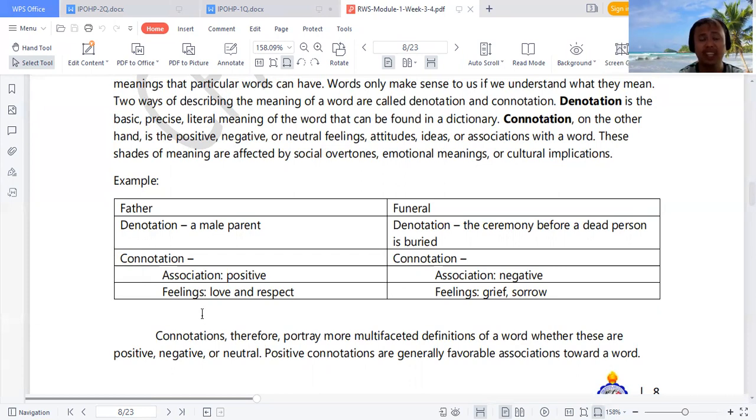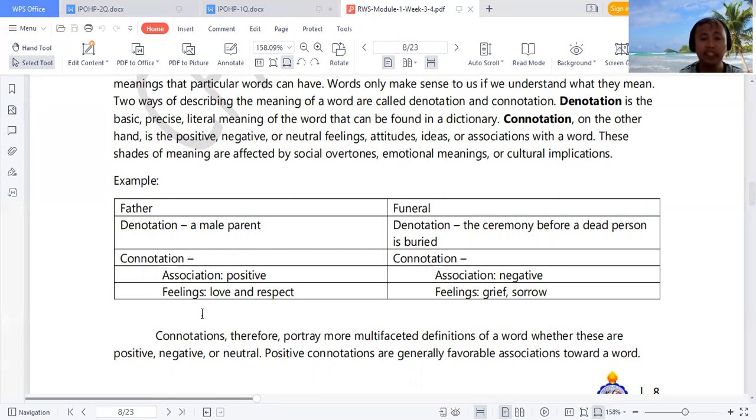It's monstrous, having a monstrous, ugly face. But remember, Lucifer was the most handsome among the uncountable angels in heaven before. So that is connotation.